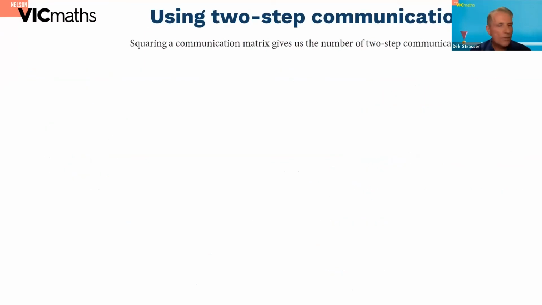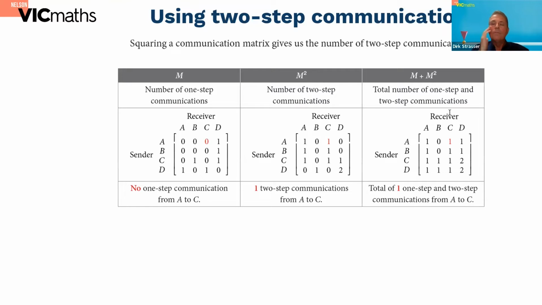Now this is where it sort of gets interesting in terms of what you can do with a communication matrix. If you square, in other words, multiply it by itself, a communication matrix, it gives you the number of two-step communications. So looking at this table, for example, we've got M in the first column, but let's just focus on the second column, M squared.